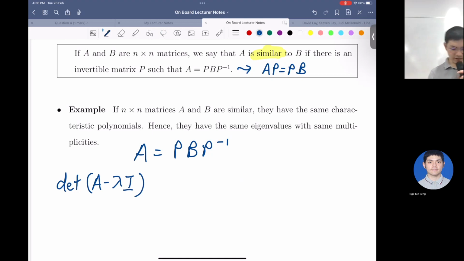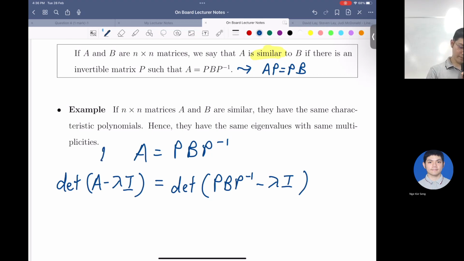So what's the determinant of A minus lambda I? It is equal to the determinant of P B P inverse minus lambda I. What trick can we play here?